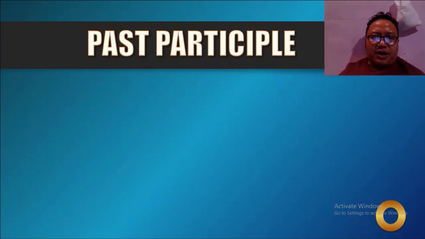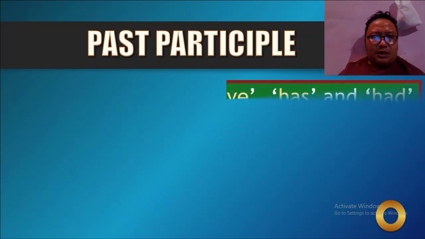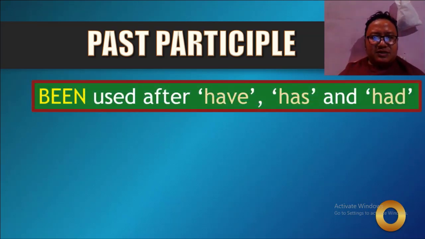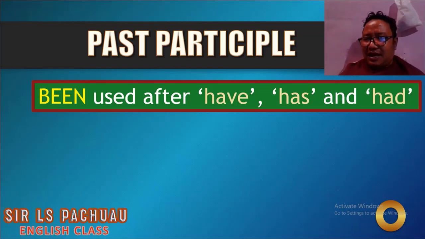And the next is past participle. In the past participle, we have been, B-E-E-N. Been is used after have, has, and had. What are these verbs? Have, has, and had. These are belonging verbs.